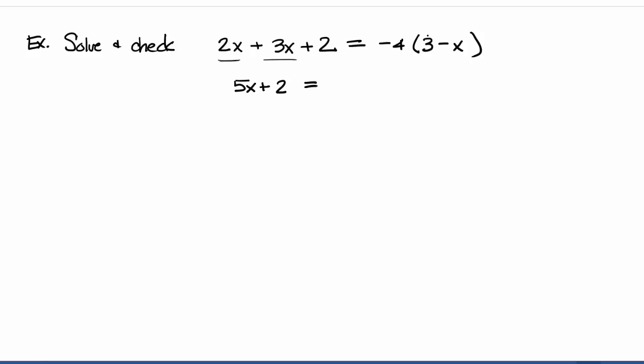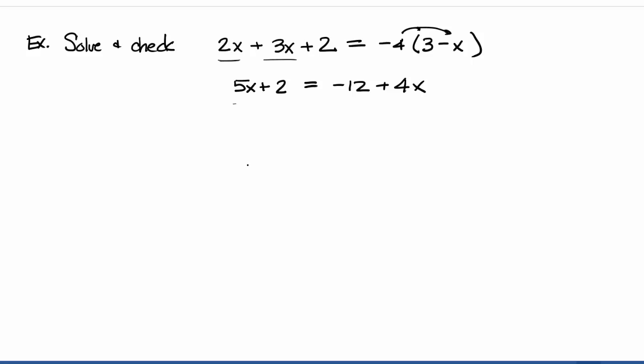And then I can distribute on my right side, right? So I'm going to distribute that out. So I have negative 4 times 3 gives me a negative 12. A negative 4 times negative x is a plus 4x, right? Negative times negative is a positive. So now if I look at my left side and my right side, I can't simplify anymore.